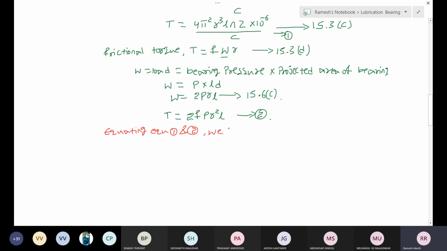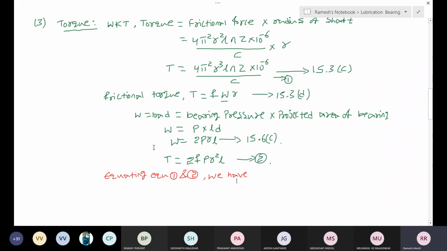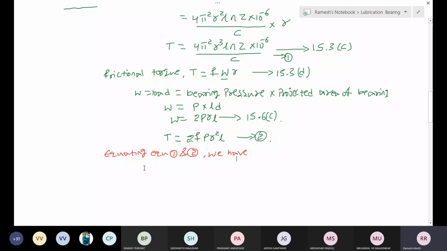Substitute the first equation. T is nothing but this equation, whatever torque you have taken, that is equation 15.13 or equation 1.